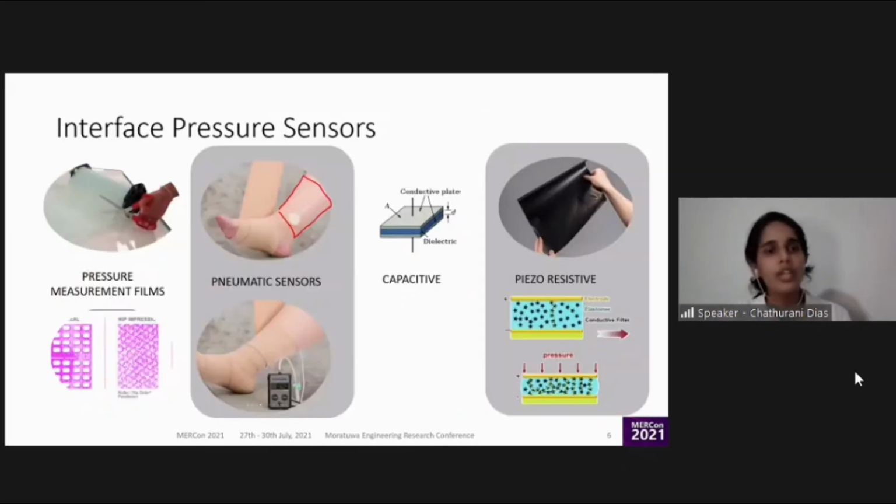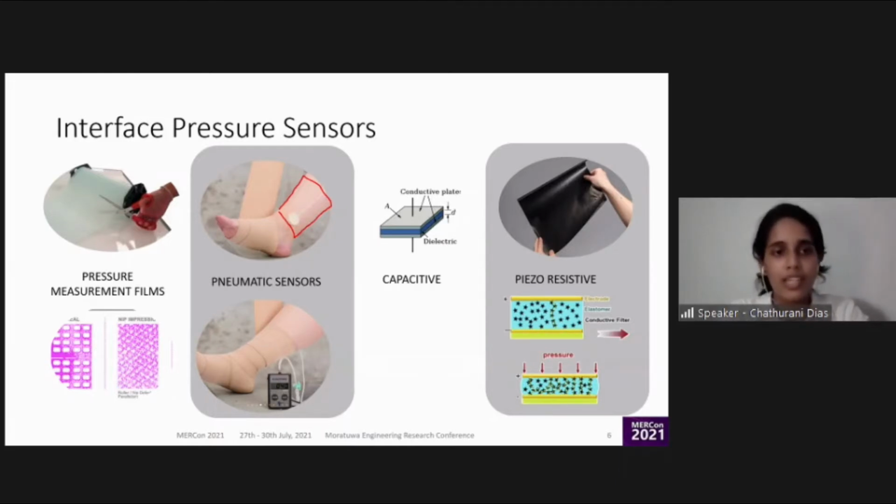So let's look at how we can measure the interface pressures. There are a range of sensors and other materials that are available, starting from completely manual methods to electronic methods. So if you look at this first one, the pressure measurement films, they have micro bubbles filled with ink on this film, which burst and make an ink patch at different pressure levels.